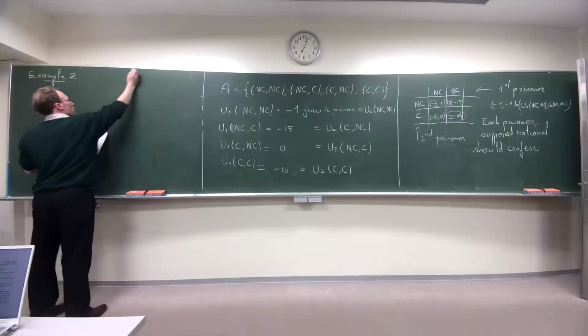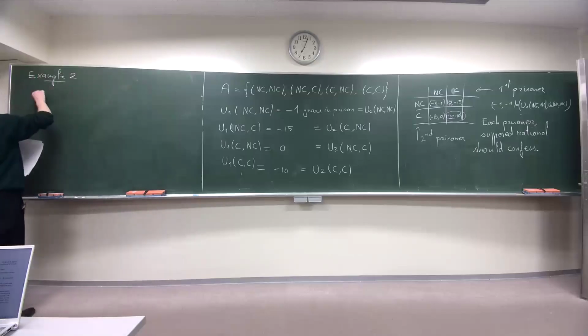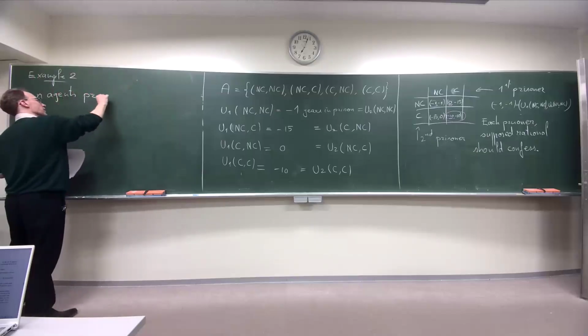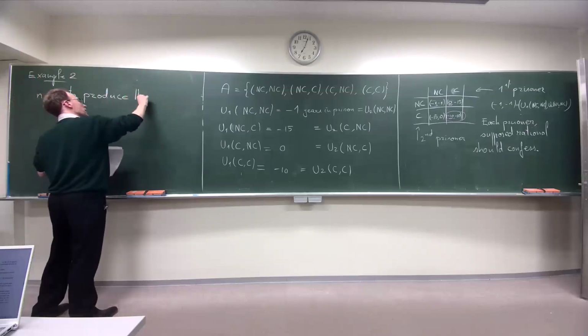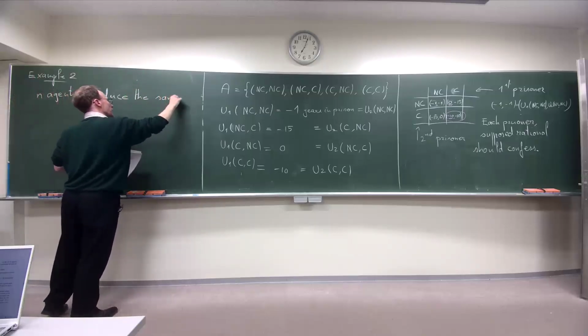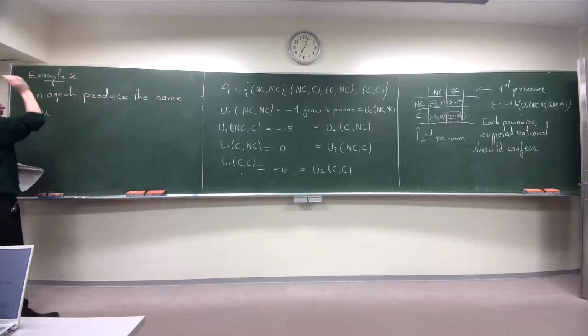It has a certain name. Now we have n agents. They produce the same thing, so they all produce umbrellas, the same commodity.